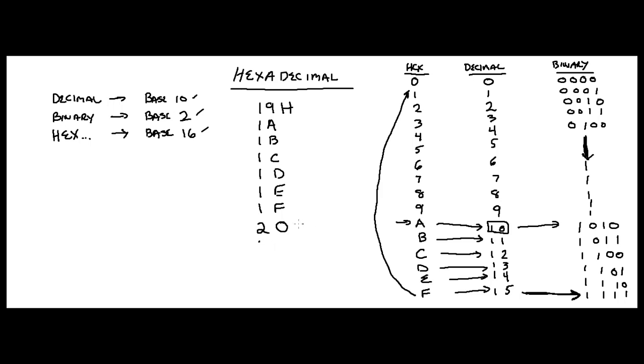By the way, 20 hex, what's that equal to? If you said 32, you're right, because this is equal to 2 times 16 to the 1, which is equal to 2 times 16, which is equal to 32. Get it?